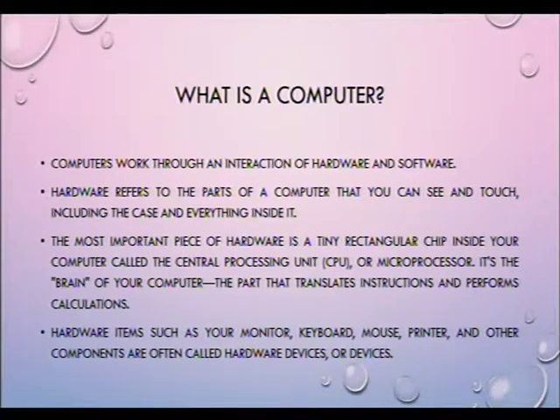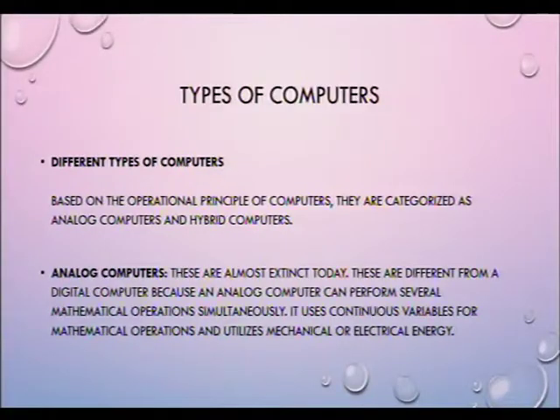It translates instructions and performs all the calculations. Basically, if you input data, which we call raw data, it has to be processed by the central processing unit, and then we get meaningful information out of it. That's when we can output it in the form of a printer, for example, or a projector.